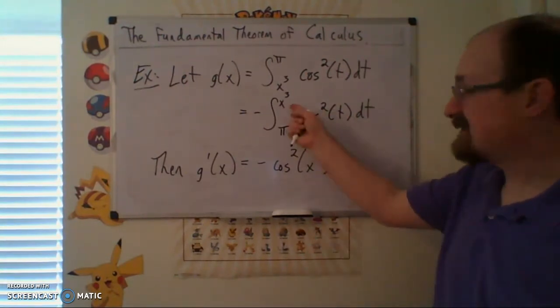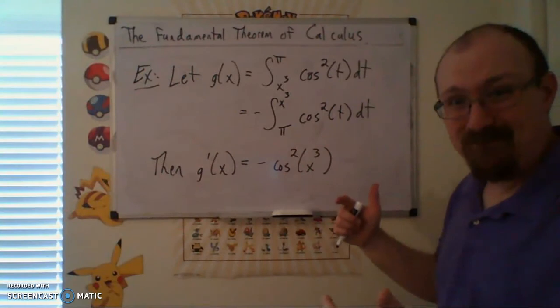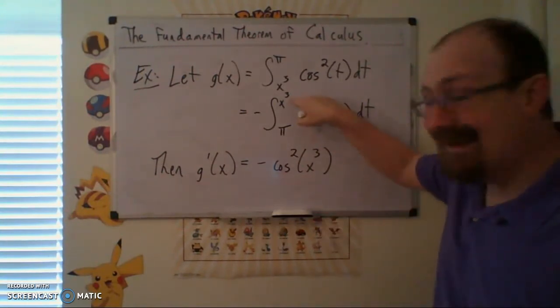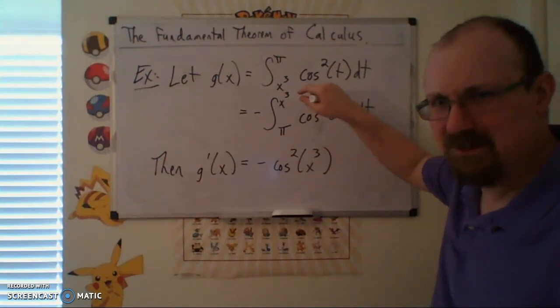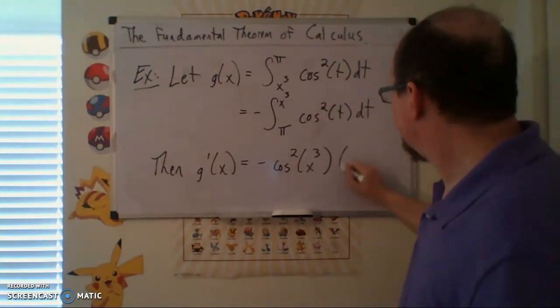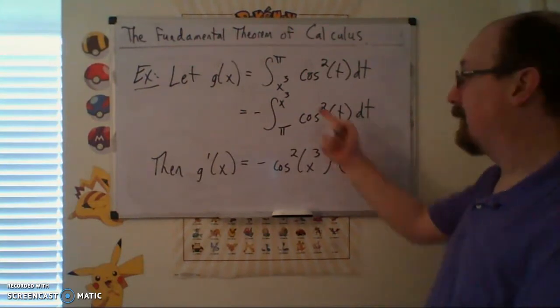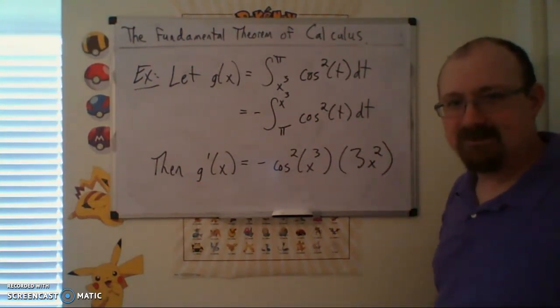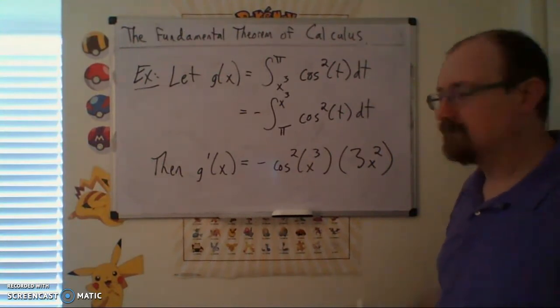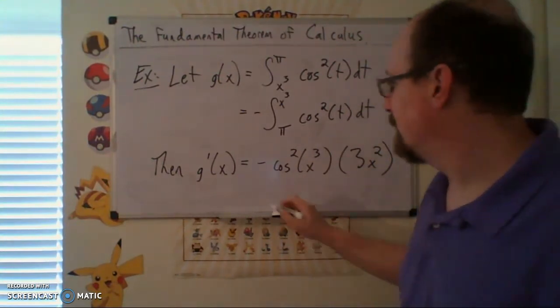But that wasn't just x. So remember, we've got an inside-outside thing going on. I need the chain rule. I need the derivative of what's sitting right there. Imagine replacing it with u equals x cubed, if that helps. So then I need the derivative of that u, the derivative of x cubed. Our buddy the power rule jumps in and saves the day. The derivative is 3x squared.